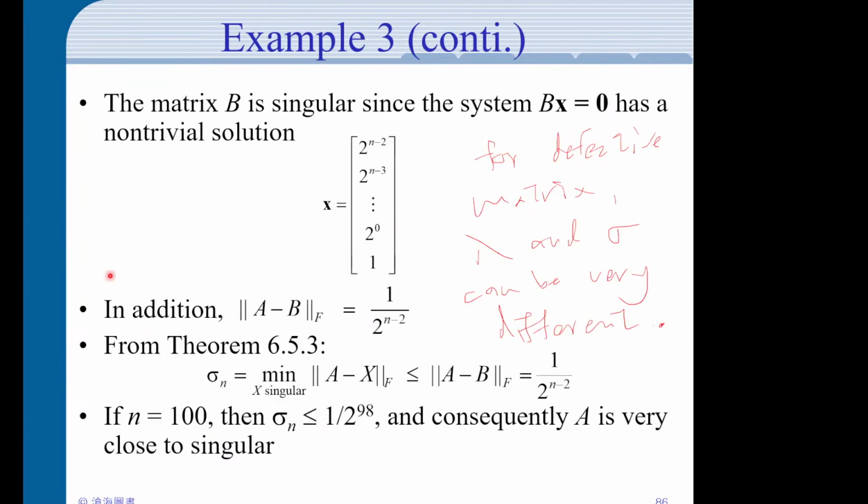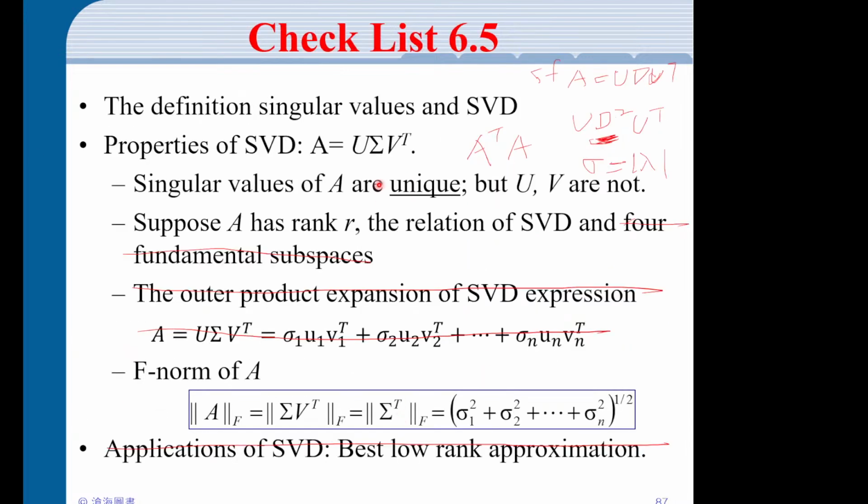But if you have a very defective matrix, then singular values and eigenvalues can be very different. But the bottom line is the singular value decomposition exists, you have those positive singular values, and the number of non-zero ones equals your rank. Okay, so that's it for class today. Any question? Otherwise, we have our final review on Wednesday. See you on Wednesday.